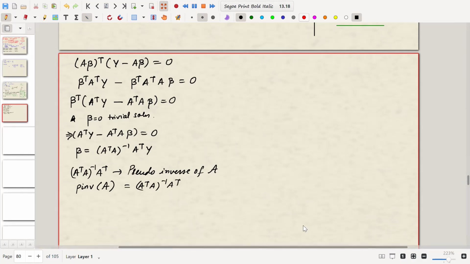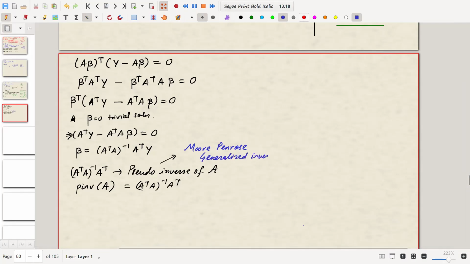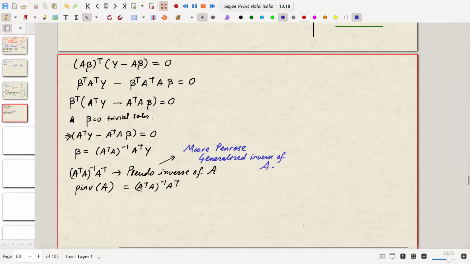It will compute that in Python. This is something very nice, known as the Penrose generalized inverse of A.